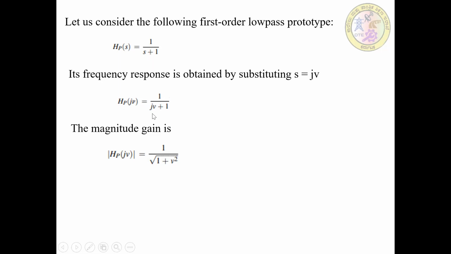Then if we find the magnitude gain of this equation, we obtain 1 over the square root of nu square, since j square is minus 1, into nu square, plus 1 under the square root. So we have rewritten this as the magnitude of HP of j nu as 1 over square root of 1 plus nu square.